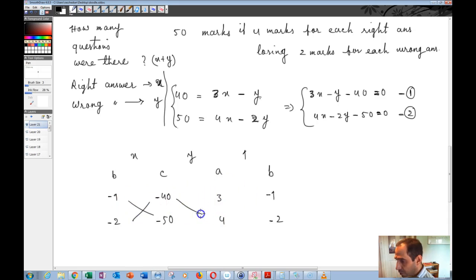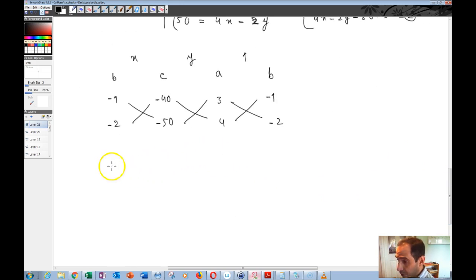Now you can cross multiply here. So x over negative 1 times negative 50, which is 50, minus negative 2 times negative 40, which is positive 80. So 50 minus 80. Then y over negative 160 minus negative 150.